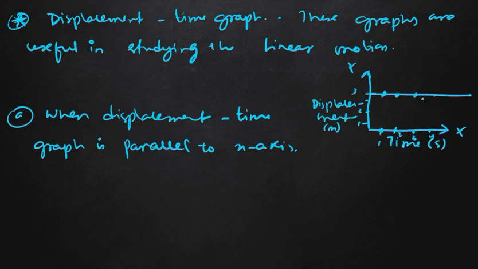So when the displacement time graph is parallel to the x-axis, it means the body is stationary. Time is passing but the position of the body is not changing.